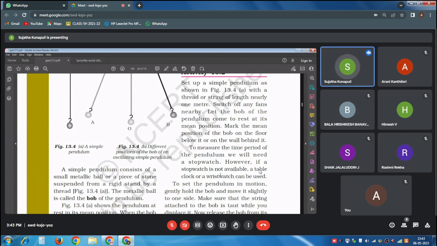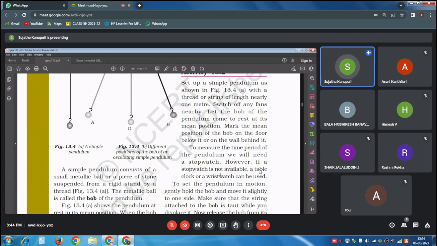When the ball is attached to the string, you bring the ball from its mean position, which is O, or at rest, to one extreme end, either A or B. You pull the bob, and when you release it, don't push the bob. He is telling not to push the bob. Just pull the bob and leave it, like how we swing on a swing.